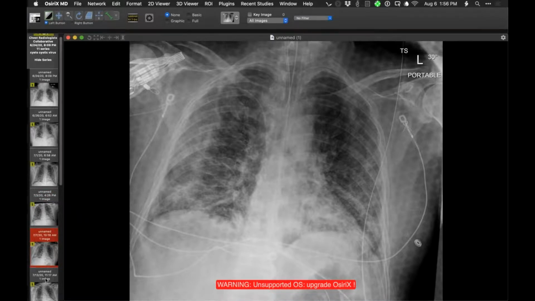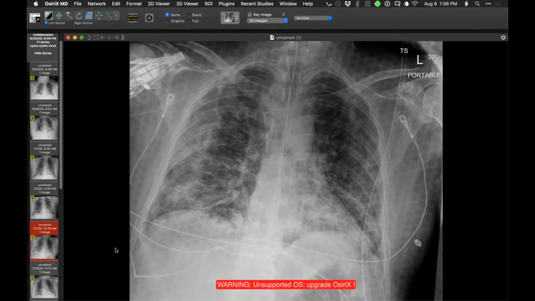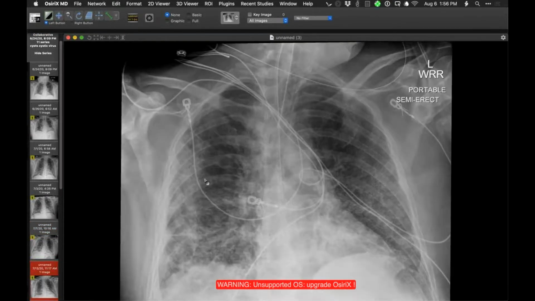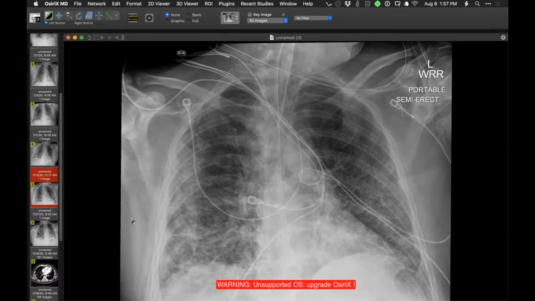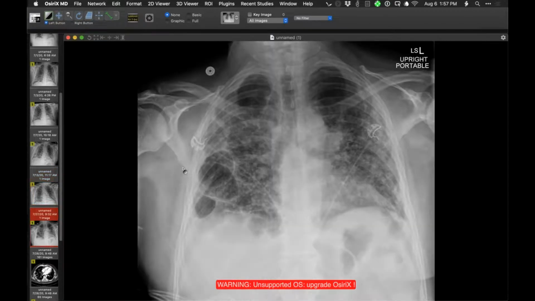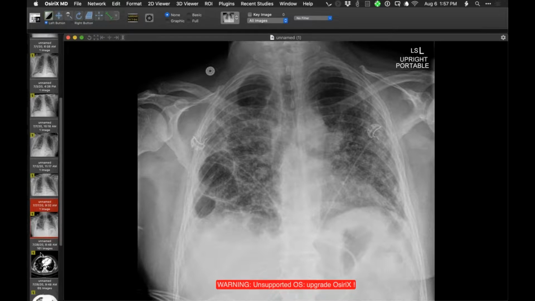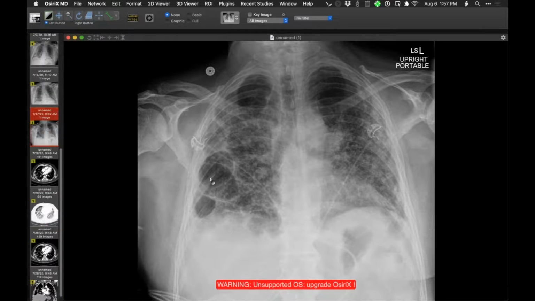And then the surprise here is 6 days later. Still intubated, but now on the 27th. So this is a comparison between the 13th and going from the 13th, 14 days later. Look at that. Look at these huge cystic spaces that are present in this person's lungs on the 27th.